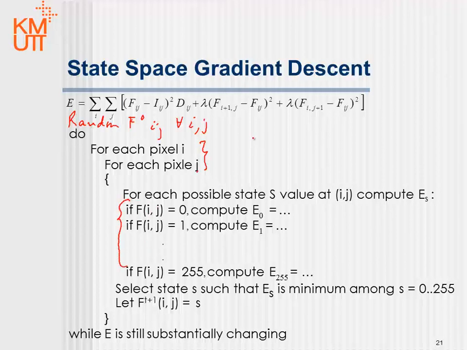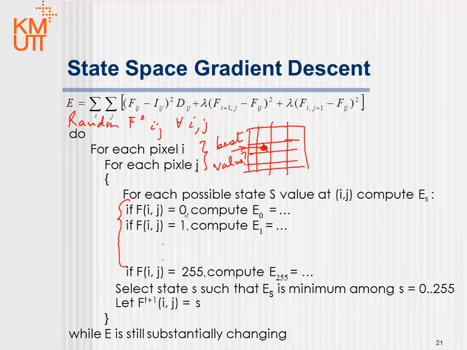Let's look at the image here. Let's say we're visiting this pixel right here. We want to see what is the best value for this pixel. That's the question. What should be the best pixel value?